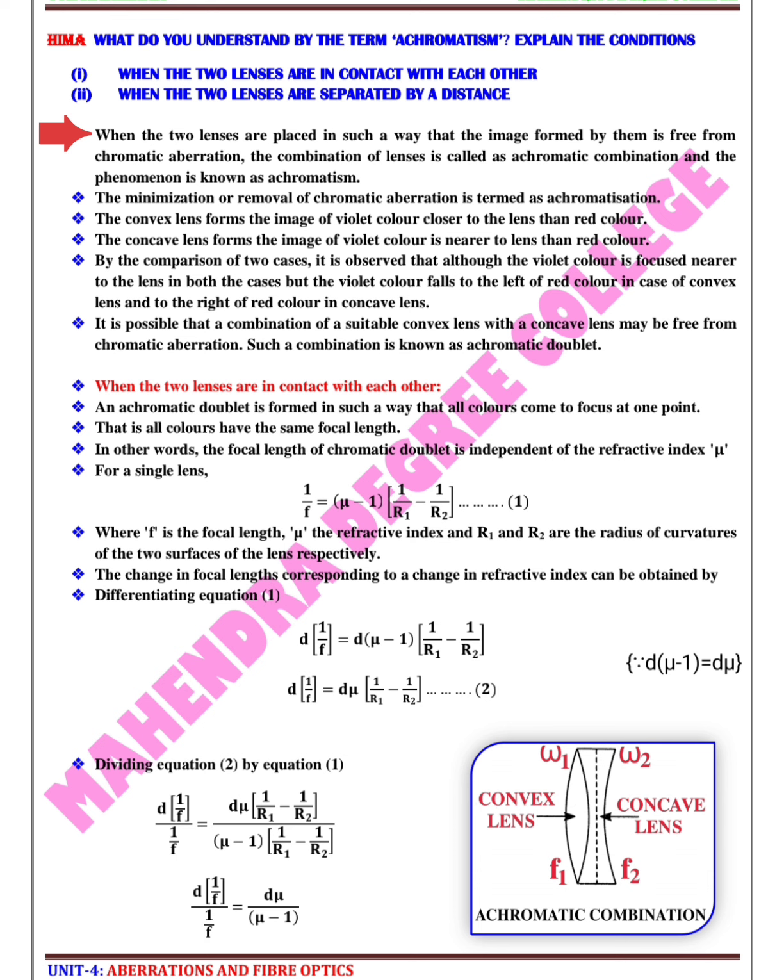What is chromatic aberration? When white light passes through a single lens, like a magnifying glass, it splits into colors like a rainbow. This happens because different colors, meaning wavelengths, of light bend by different amounts.